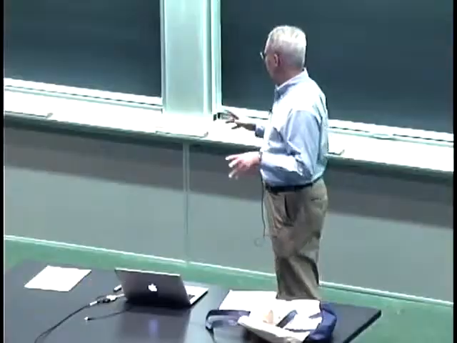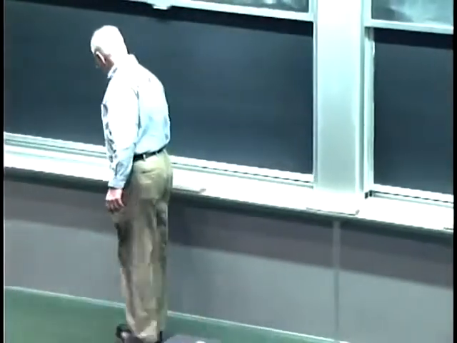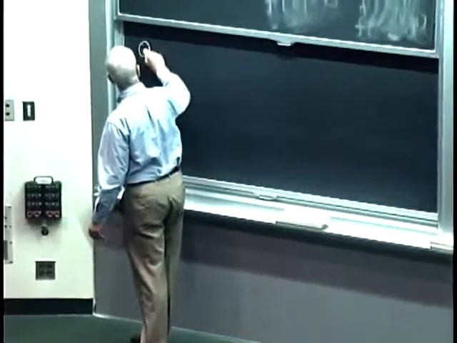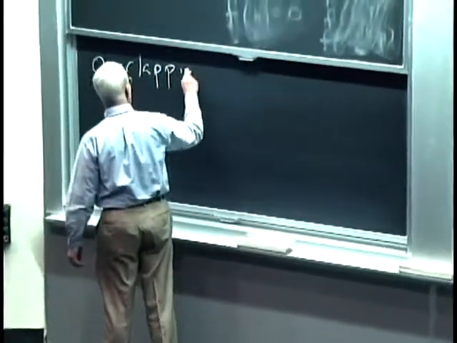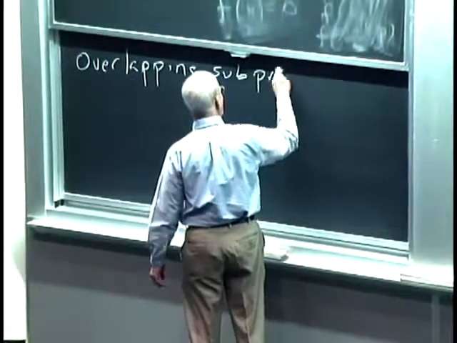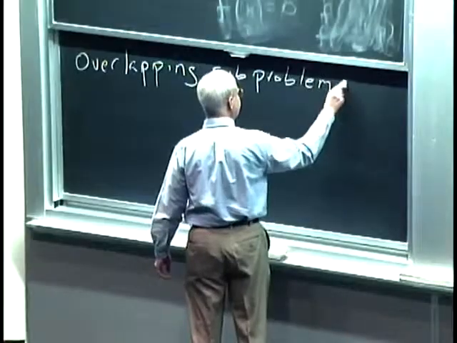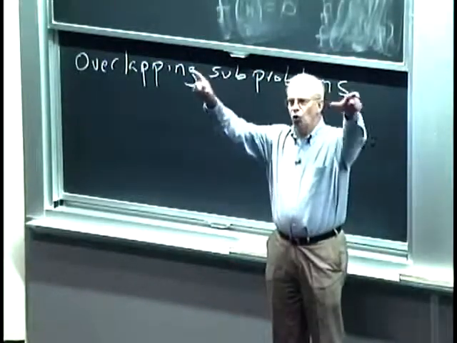You'll remember last time I talked about the notion of overlapping subproblems. And that's what we have here. As with many recursive algorithms, I solve the bigger problem by solving a smaller instance of the original problem. But here there's overlap.